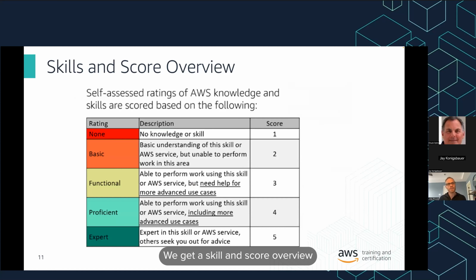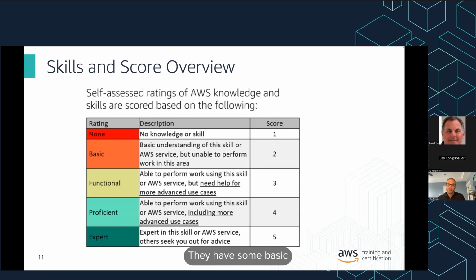When we aggregate them, we get a skill and score overview that then ranks, very simply, the self-assessed knowledge and capabilities of those individuals. In this case, you can see that the ranking goes from 1 to 5, where 1 means the individual does not have knowledge or skill of that particular subject matter, or no familiarity.